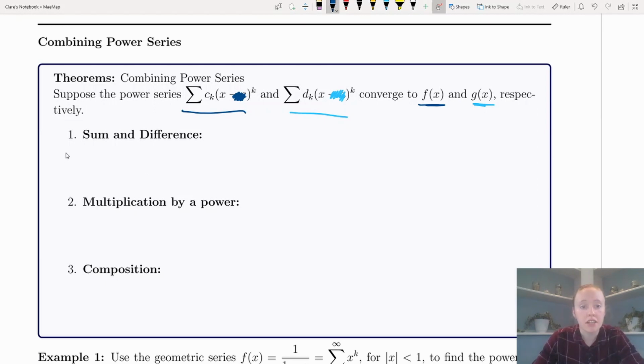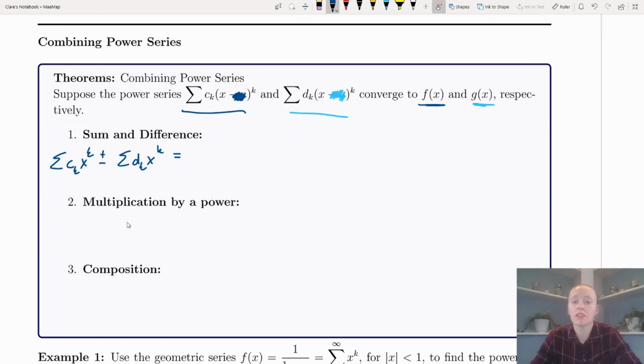So I'm going to say the summation of c sub k, x to the k, and we're going to add or subtract, because we're doing the sum or difference, the summation of d sub k times x to the k. Now remember, c sub k and d sub k are just going to be coefficients of that x to the k.